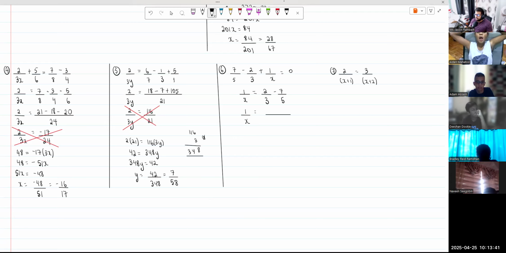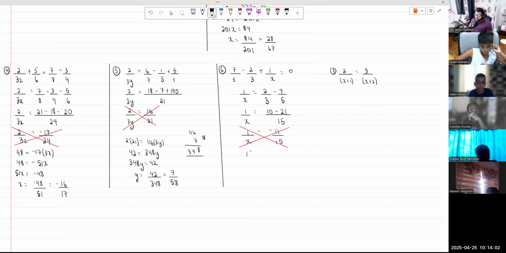5 3s are 15. I'm going to get 10 minus 21. 1 over x is equal to minus 11 over 15. I can cross multiply now. Cross multiply here and here.